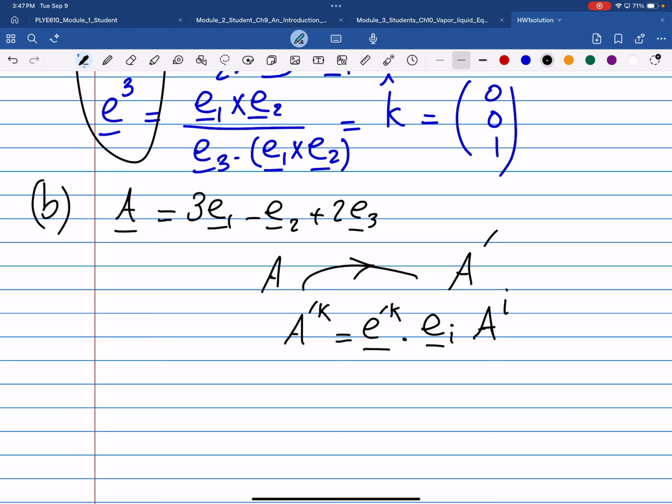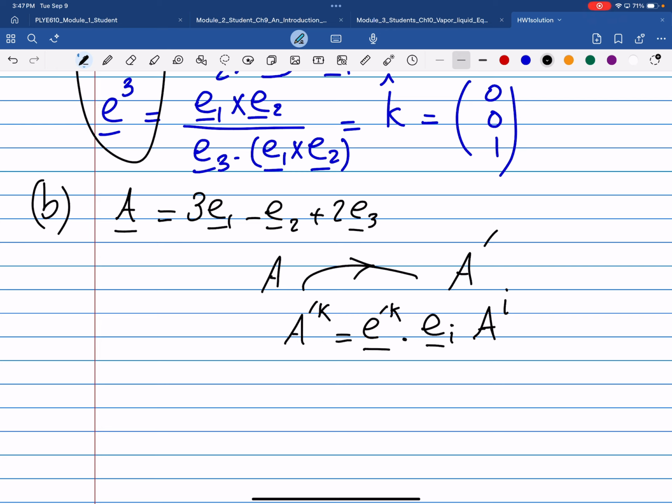Now your primed set is a special one. It is the reciprocal of the original coordinate system that we had. Reciprocal of reciprocal, yeah.